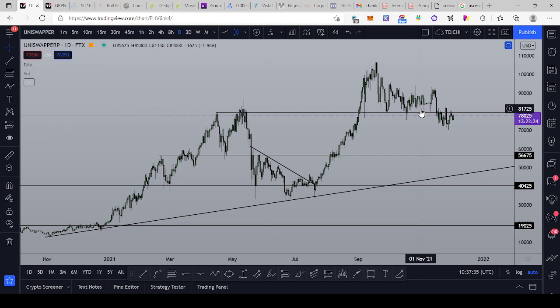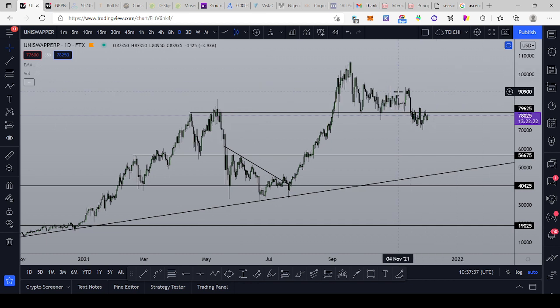It's a very good tool to use. And right now it's in a downtrend. It has been in a downtrend since September, even though we had this bounce in October, and then from the 16th of November it has been correcting, or pulling back.